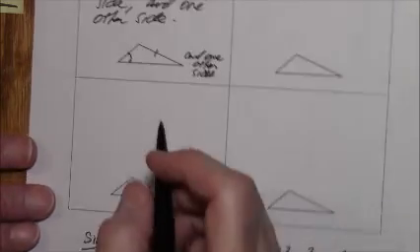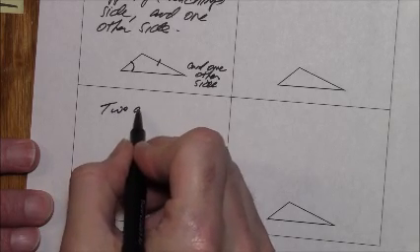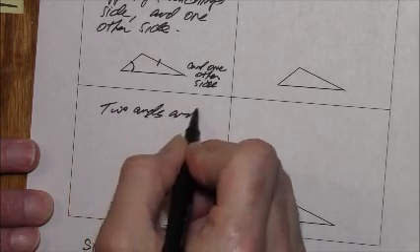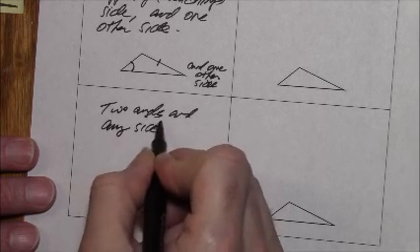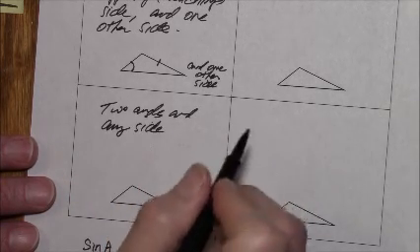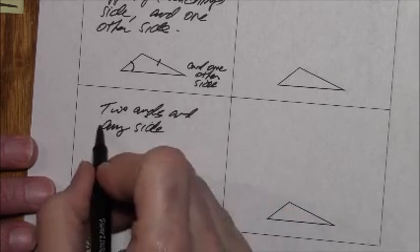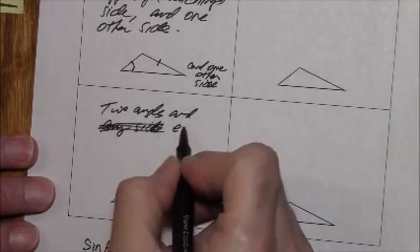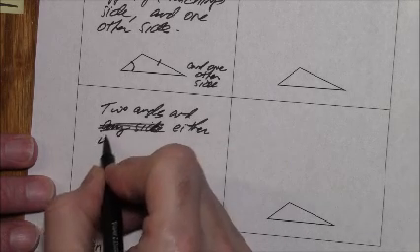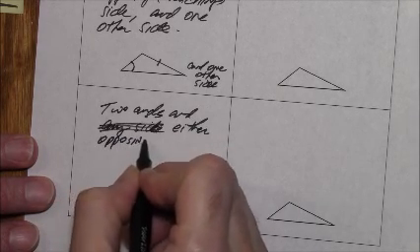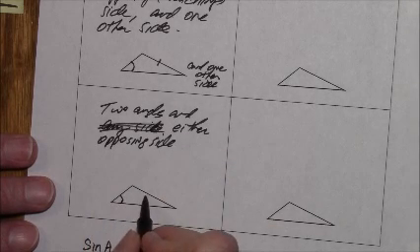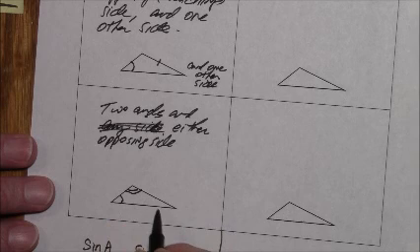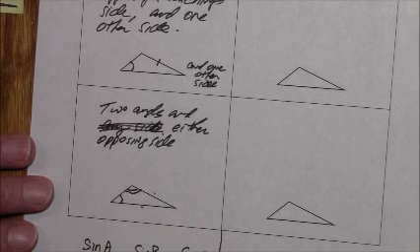Now, on here, if you had two angles and any side, I shouldn't say any side, and either opposing side, so it would be like this angle and this angle, and either this one or this one.